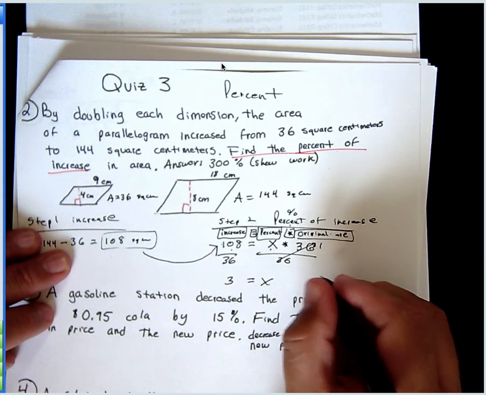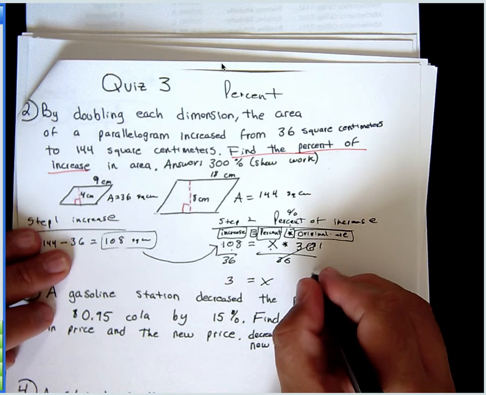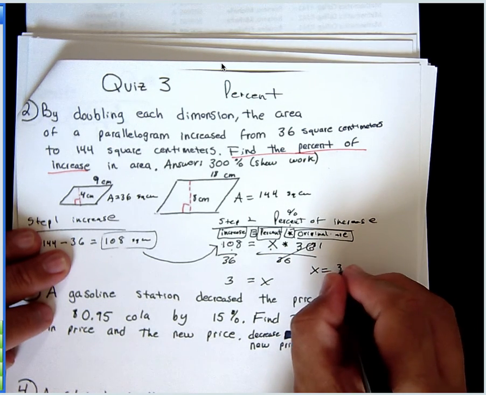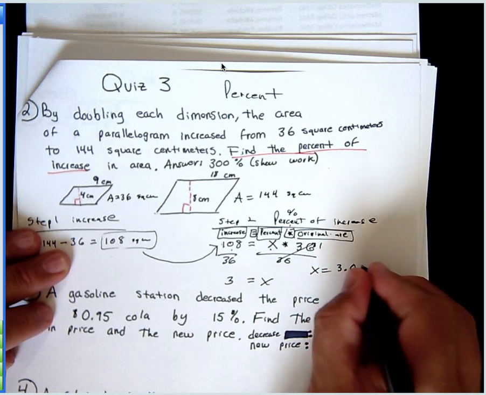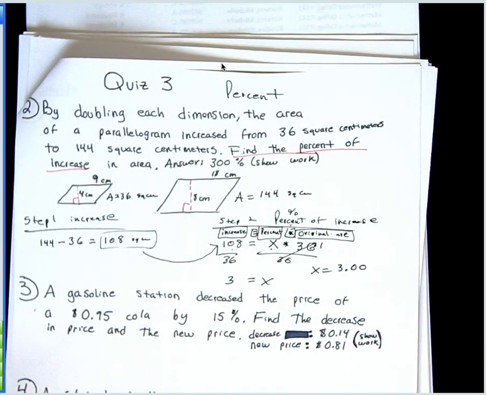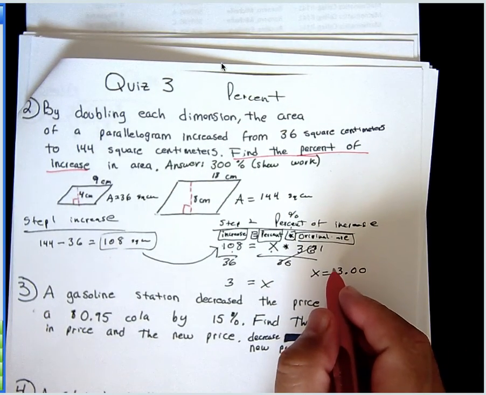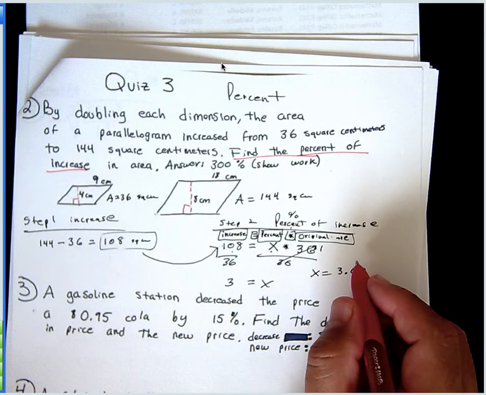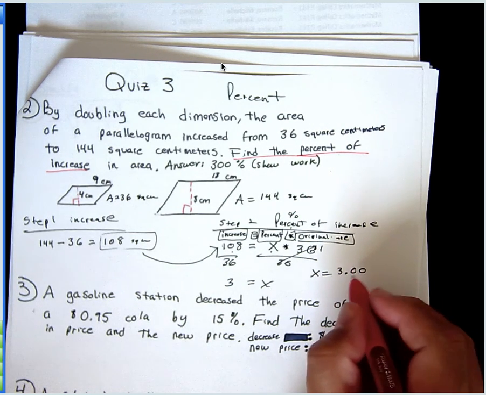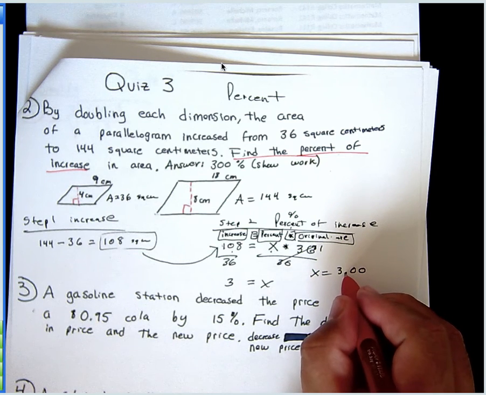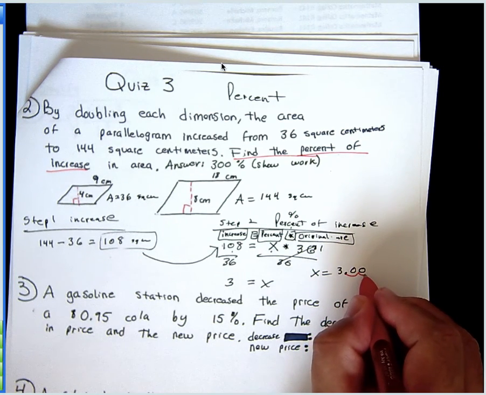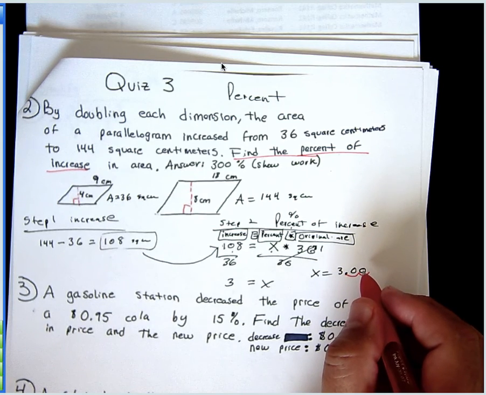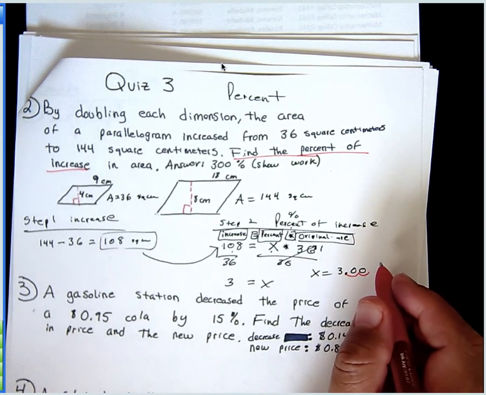Okay, let me explain one thing here. So now we know it's a 3 point 0, 0. That's the increase. So it had a triple. But if you're trying to find the percent, you're gonna have to move the decimal, even though it's a little bit different from the other ones that we've done. It's usually something less than 1 when you move the decimal.